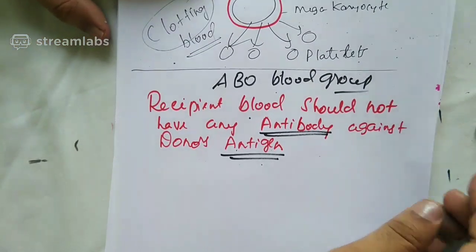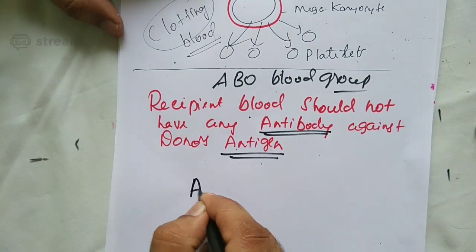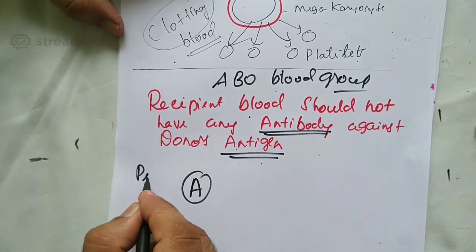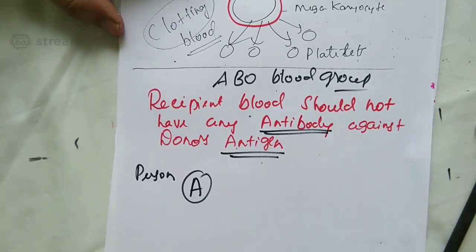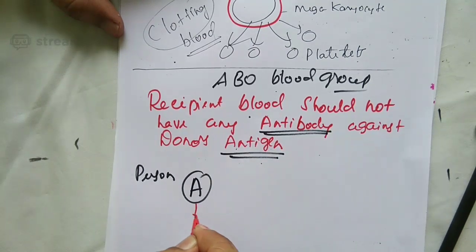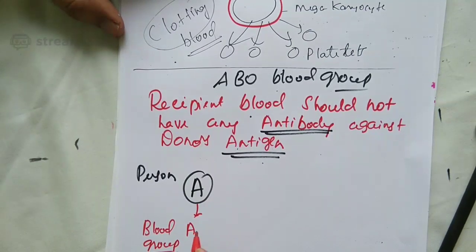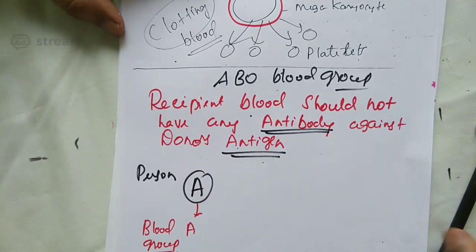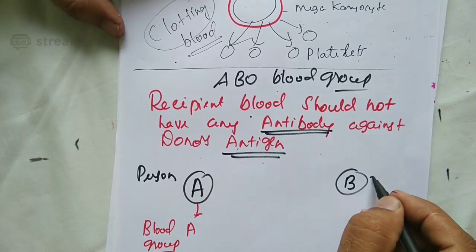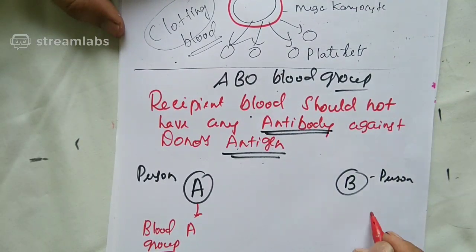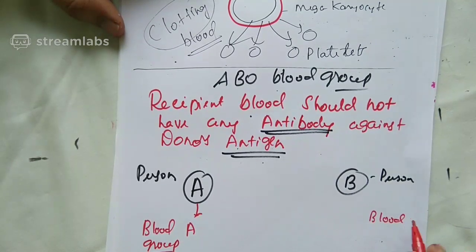Let me take one example for you. See here. Person A has blood group A. Person B has blood group B. Is the matter clear?